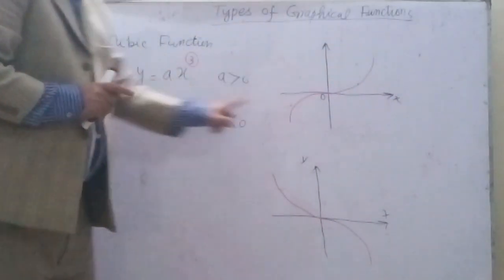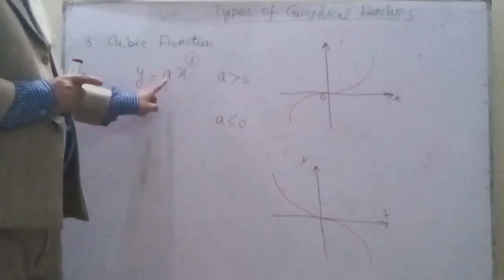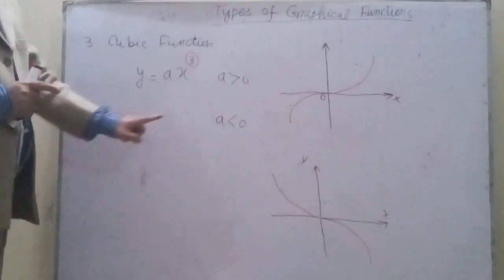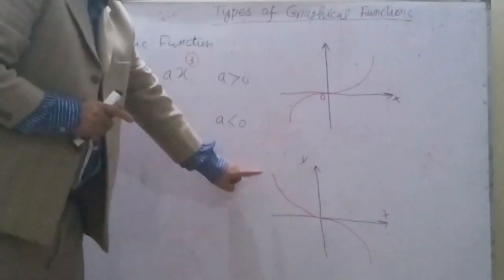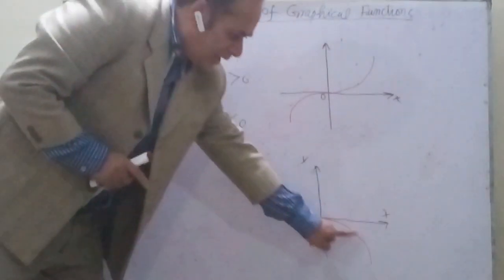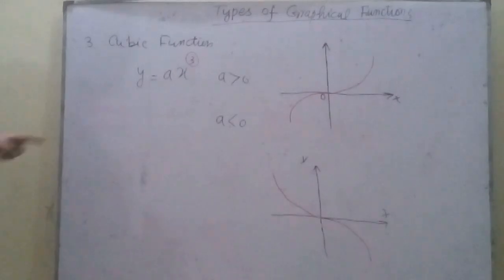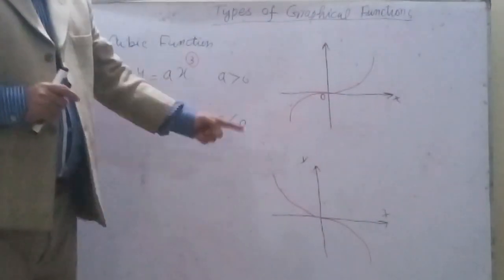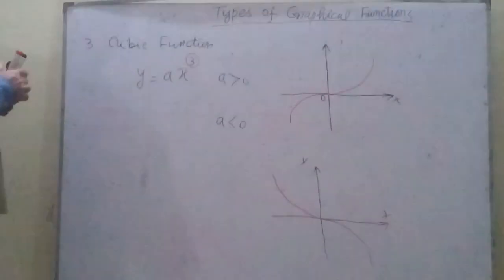If the number is negative, on the left-hand side the graph comes from up and keeps going down and down. So this is how we can differentiate between the two types of cubic.